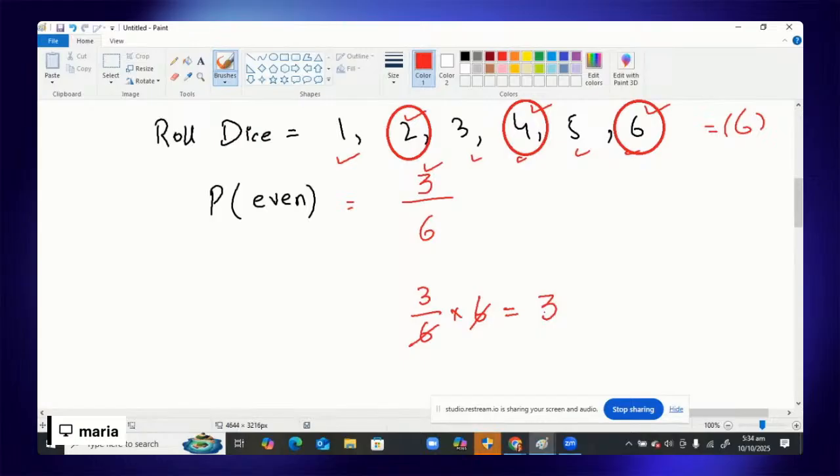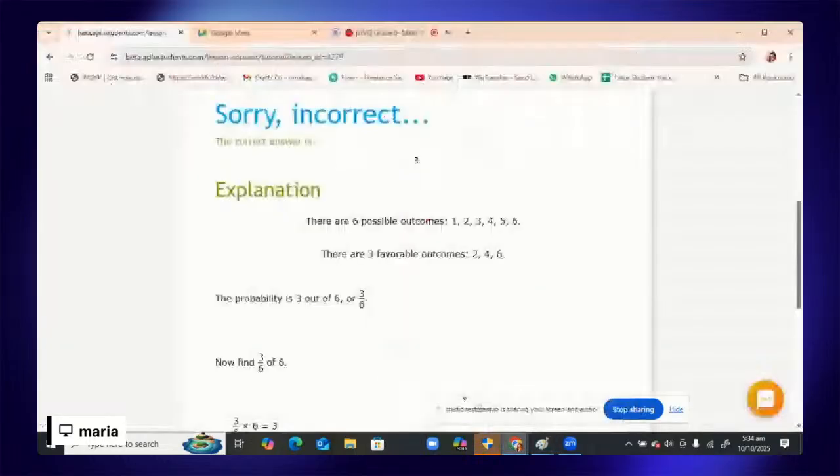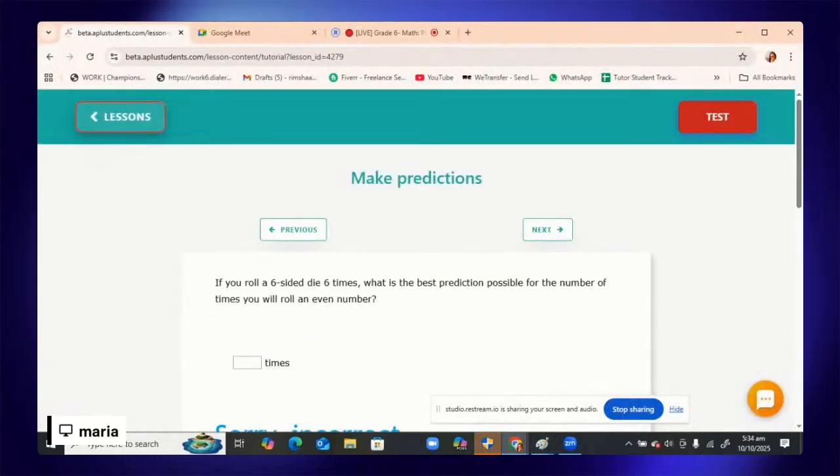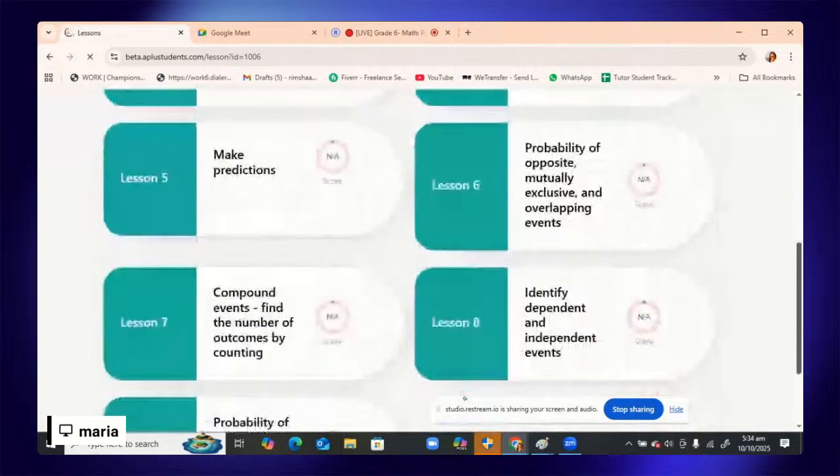And if we roll a dice 6 times, so here is the answer. Every number which is given in form of times, in the end we multiply with that. Okay? You understand it? Alright, now let's discuss the next lesson. Hope you guys understand this lesson. Solve the rest of the questions by yourself.